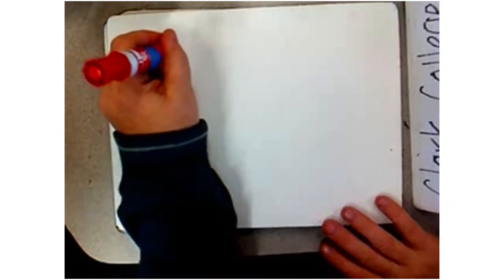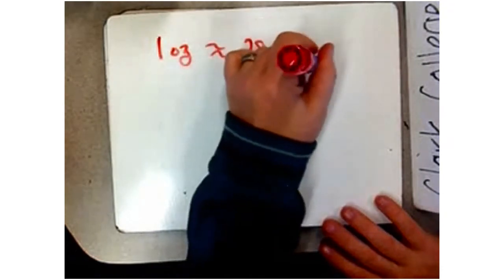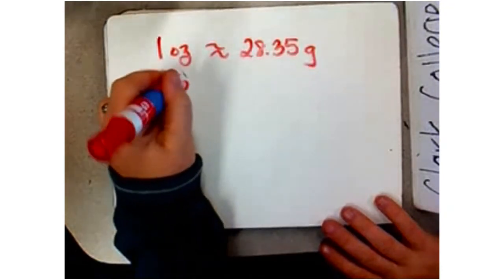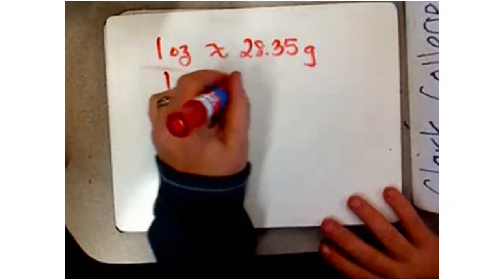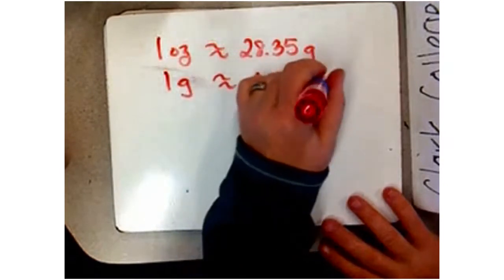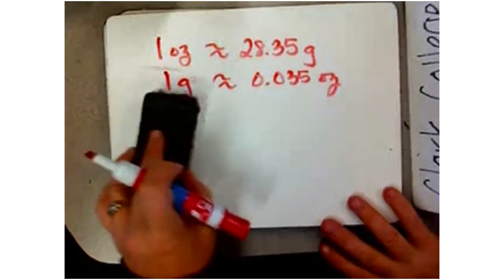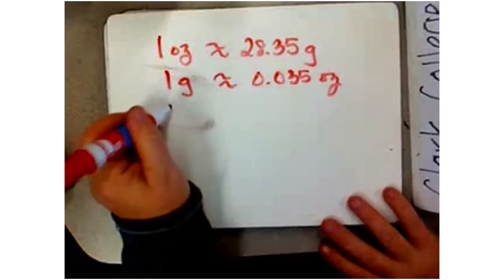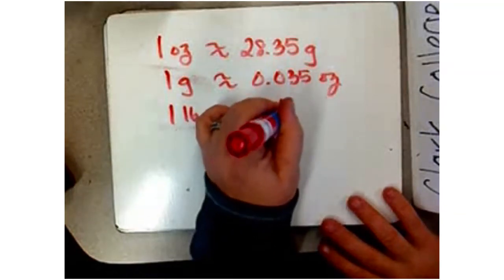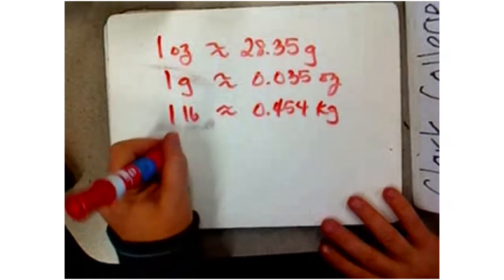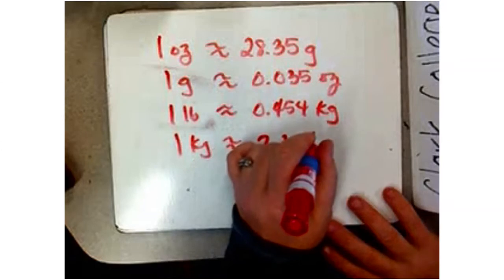It's at the bottom of the page. 1 ounce is approximately 28.35 grams. 1 pound, oh, let's go backwards, so let's do the vice versa. 1 gram is approximately 0.035 ounces, and 1 pound, my writing today is not so great, 1 pound is approximately 0.54 kilograms, and 1 kilogram is approximately 2.2 pounds.